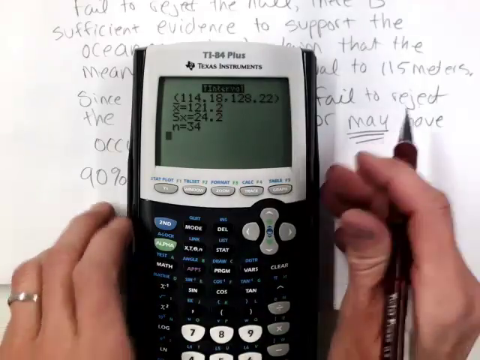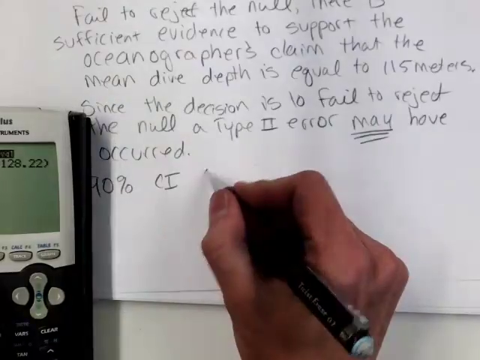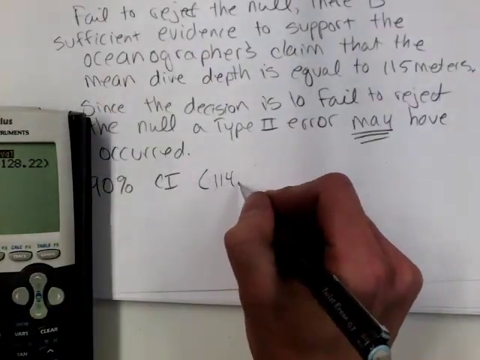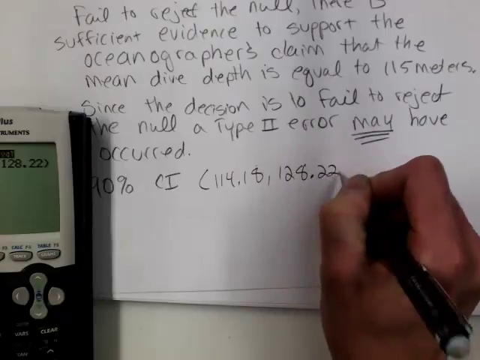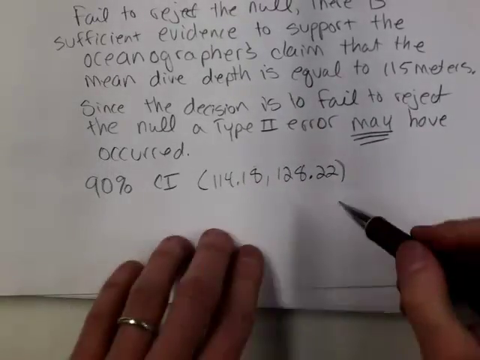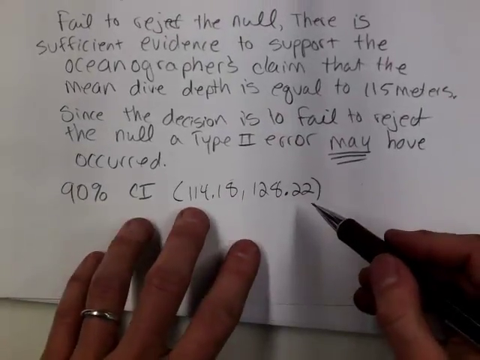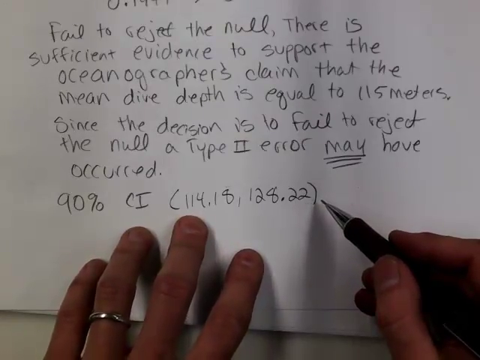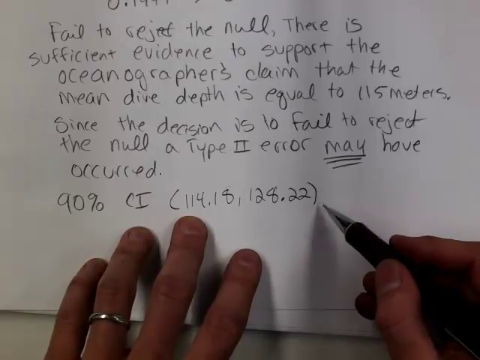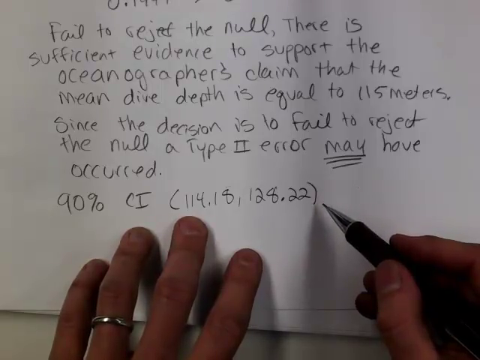So our confidence interval goes from 114.18 up to 128.22. Does this confidence interval contain 115? Yes, it contains the equality from the null, which supported the oceanographer's claim.